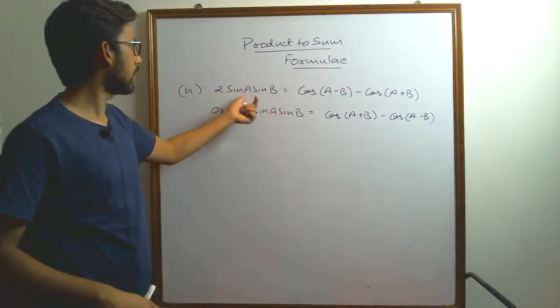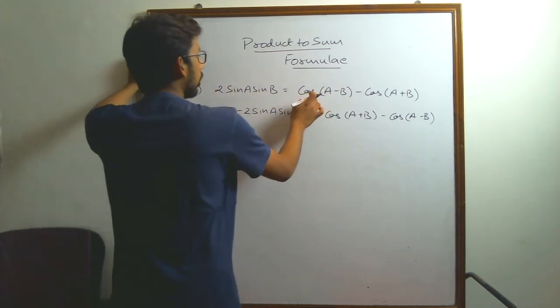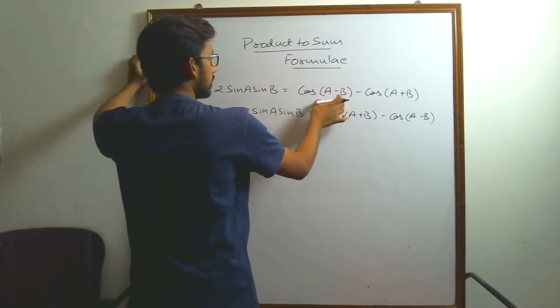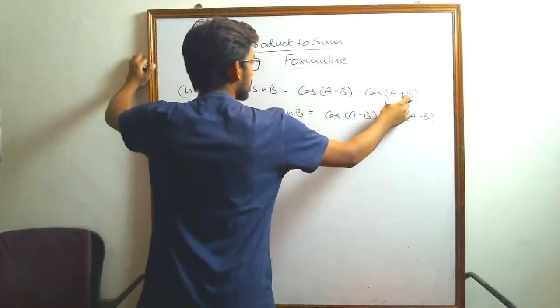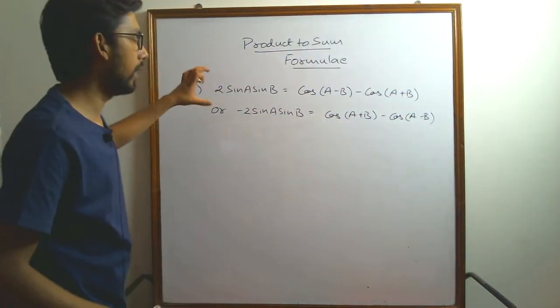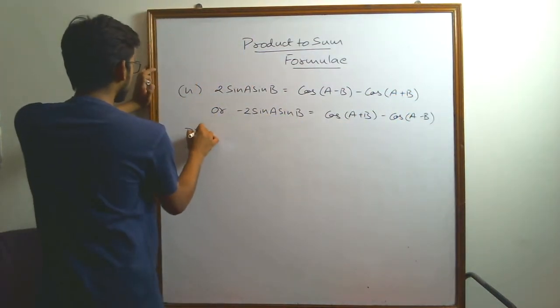If I have 2 sine A sine B, we get cos A minus B as the first term, then minus of cos A plus B. Okay, why is this happening? We can see this from the proof.